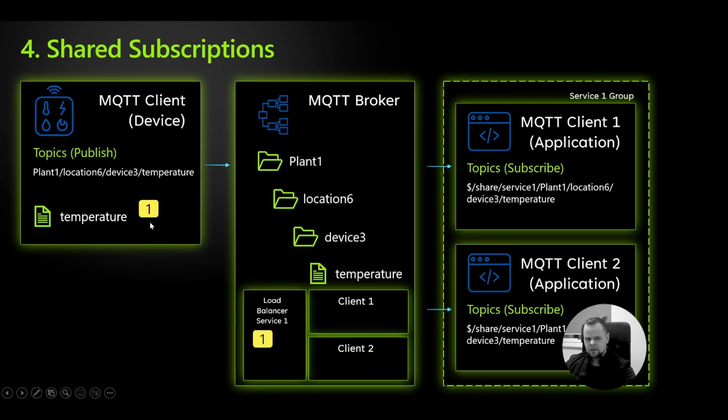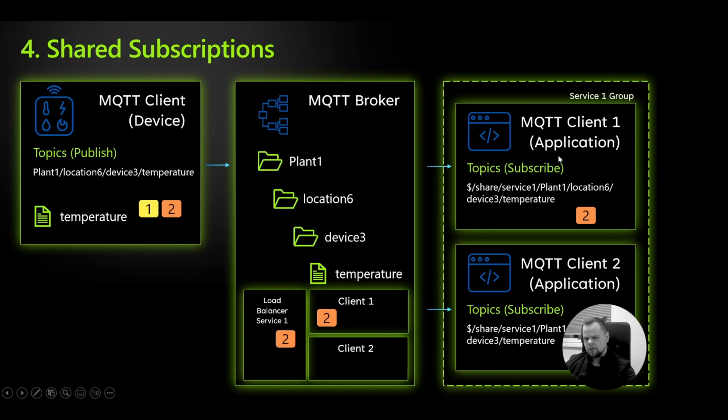In this case, the temperature is published to the broker, message 1, then it gets distributed to client 2, queued in the end if it's a persistent session. And then obviously, when you receive message 2, it gets distributed to client 1, and then client 1 receives message 2. And basically, that's the load balancing mechanism.